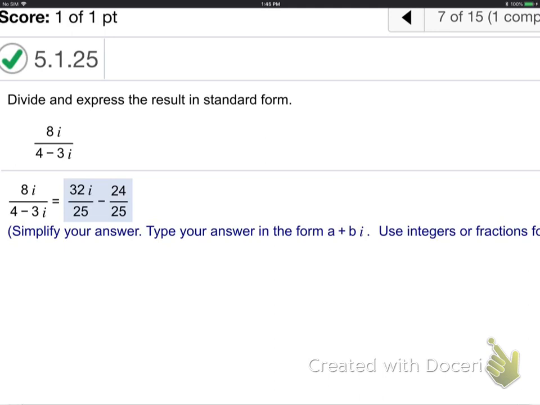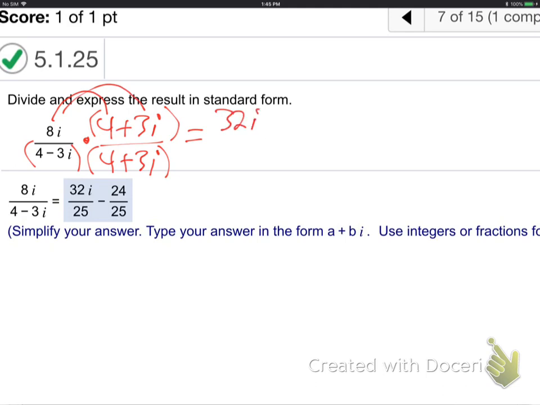Okay, so I'm going to multiply top and bottom by 4 plus 3i, the conjugate. Right? We good there? The conjugate. All right, so take that 8i, go boom, boom: 32i plus 24i squared.